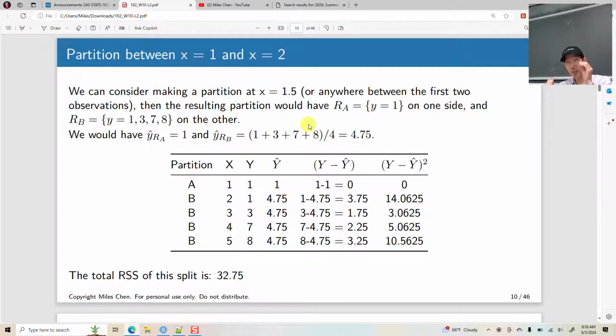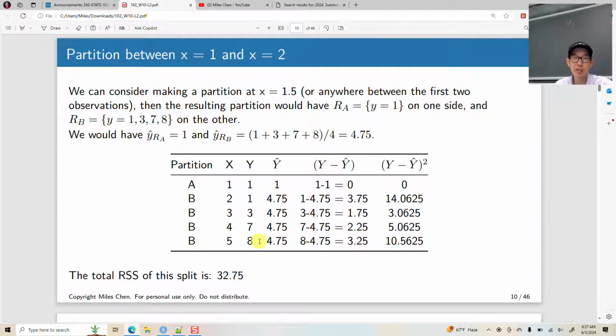We consider a split between x is 1 and x is 2, then between 2 and 3, 3 and 4, and 4 and 5. So I have 4 partitions to consider.